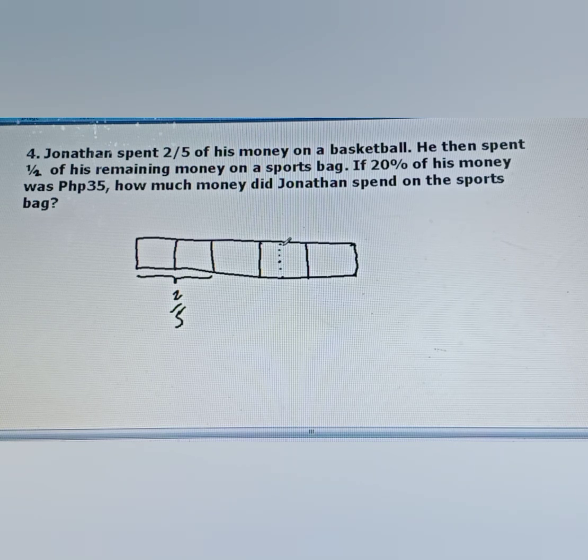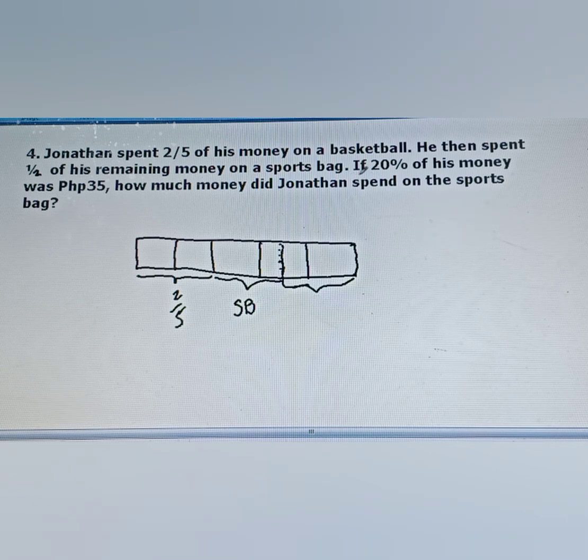Can you see that? So these 2 parts here are the money spent on the sports bag. Let me write SB for sports bag.